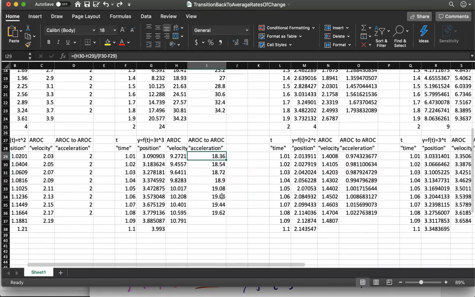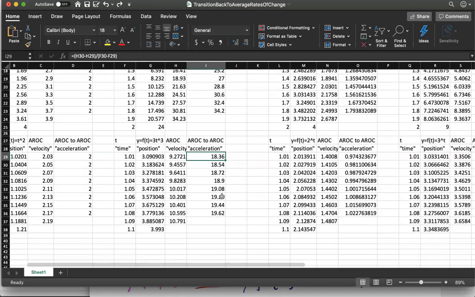Okay. So let's see if we can understand the numbers that are happening right here. Notice that the time spacing is getting closer and closer to 0. So what we should see is these numbers, 9.27, get closer and closer to 9. This number, as promised, is getting closer and closer to 18.